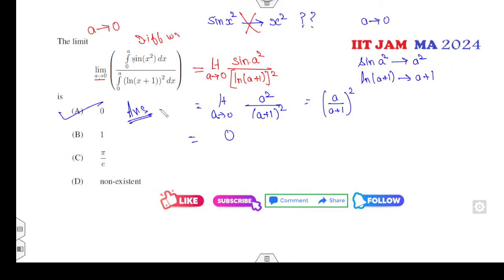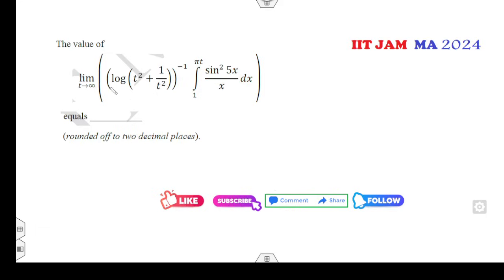Fine. Look at the next one. t approaches infinity. Okay. Now whenever t approaches infinity, t square goes to infinity, 1 over t square goes to 0. That implies t square plus 1 over t square is approximately t square.